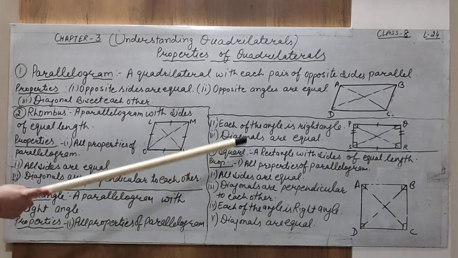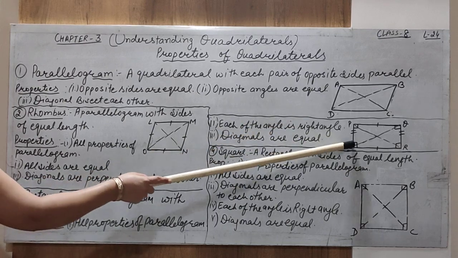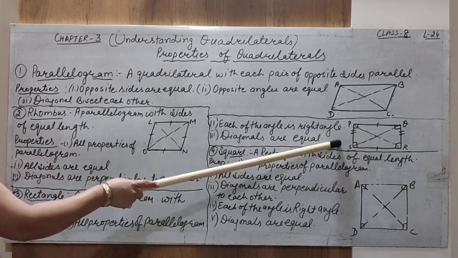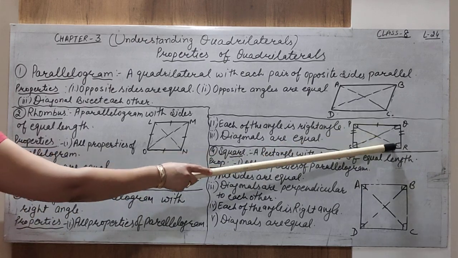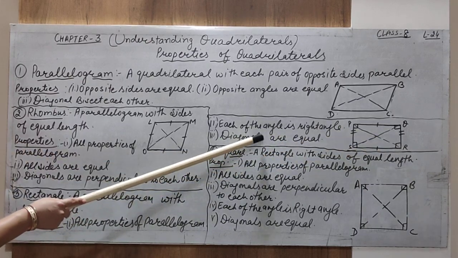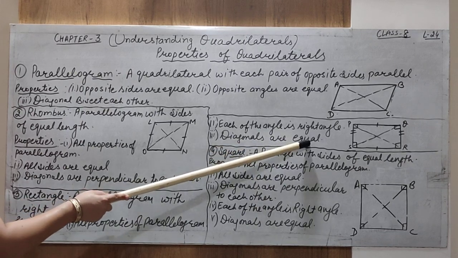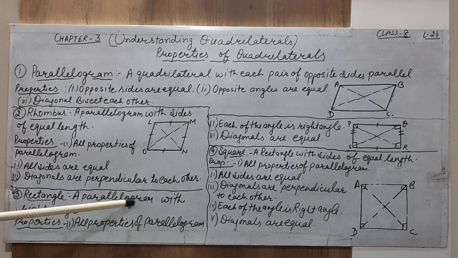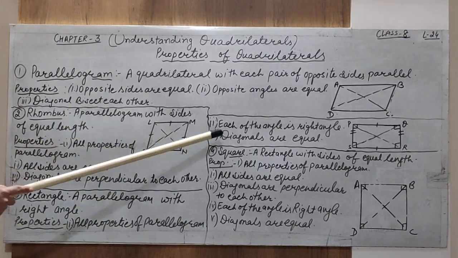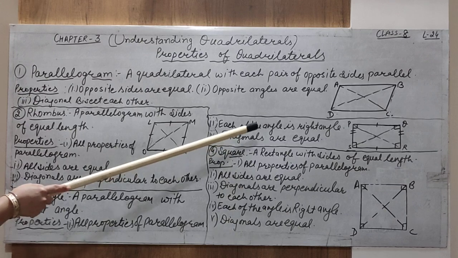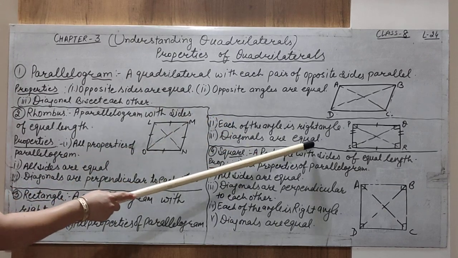Next, each of the angles is a right angle. That's why it is a rectangle. All angles are 90 degrees. This is the symbol for the 90-degree angle. And the property related to diagonals is that diagonals are equal. Now all the properties of the parallelogram also apply, that diagonals bisect each other. So in a rectangle, diagonals bisect each other as well as being equal.